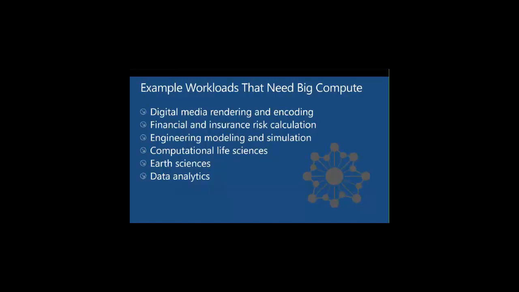Those types of applications tend to require very fast interconnect, which our new HPC SKU in Windows Azure will be able to provide, with 120 gigabytes of RAM and 16 cores and some of the best processors in the industry. And also computational life science, probably one of the most scalable types of applications.